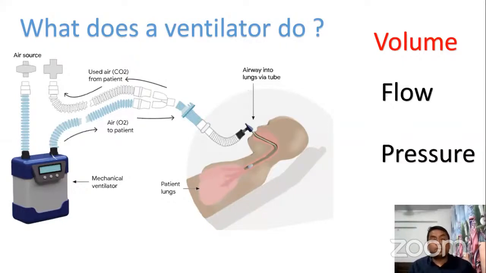And when you push this volume in a closed chamber, we get generation of some pressure. This volume, flow, and pressure are used for ventilation and oxygenation, and they also have to be controlled so that there is no injury to the lung. So we'll see now how a ventilator controls volume, flow, and pressure.